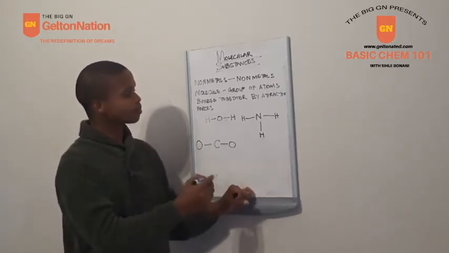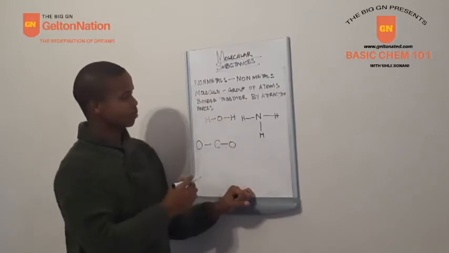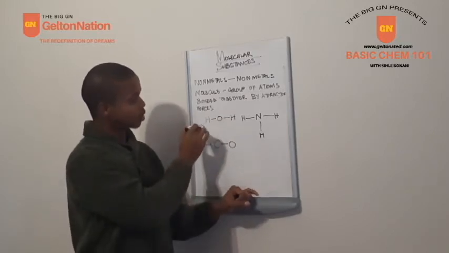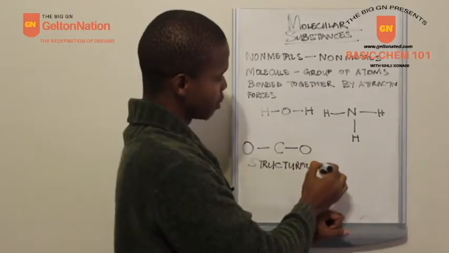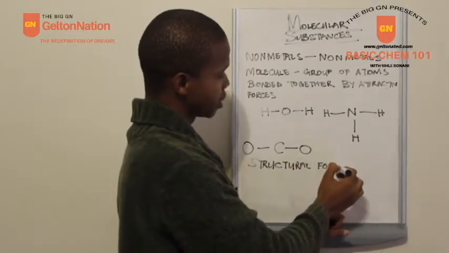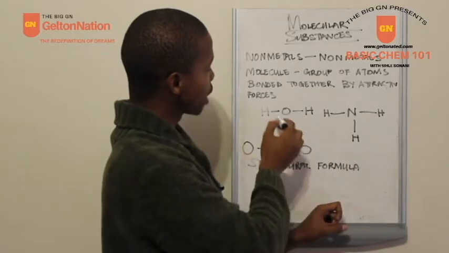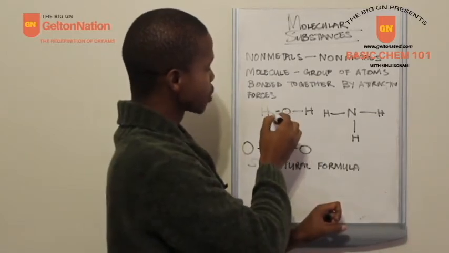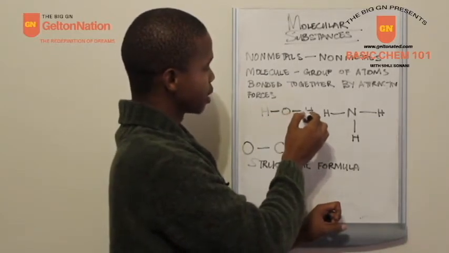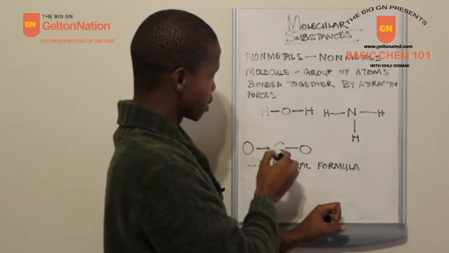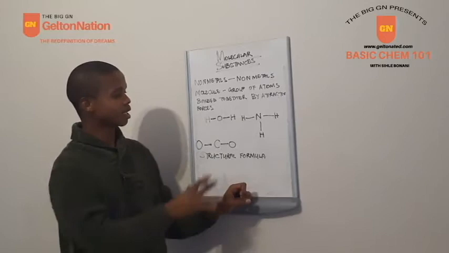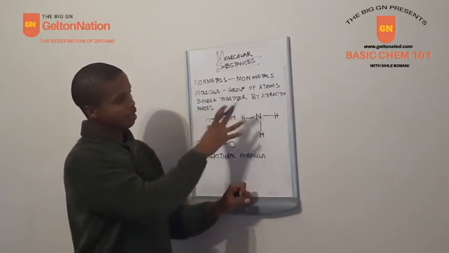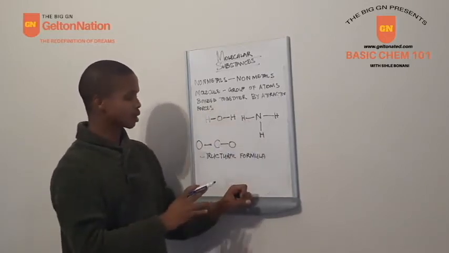So you would call these types of bonding your structural formula. In your structural formula, each bond is shown by these lines. So when they ask for a structural formula, it means that there must be lines that are shown.